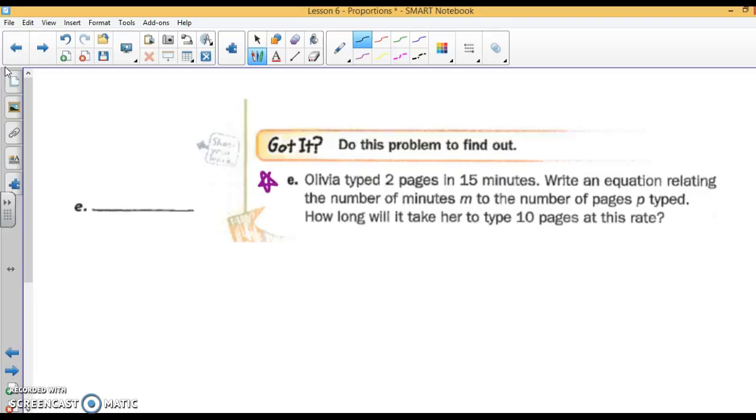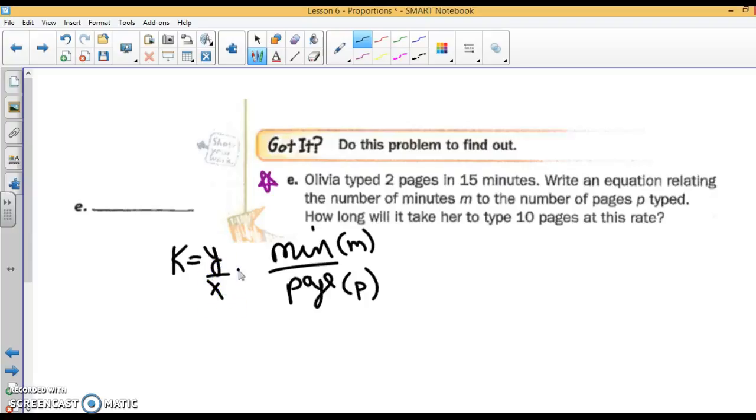Olivia typed 2 pages in 15 minutes. Write an equation relating the number of minutes to the number of pages typed. So they want minutes to pages. Minutes is M, pages is P. And again, let's write K equals Y over X. So, 15 minutes for 2 pages.